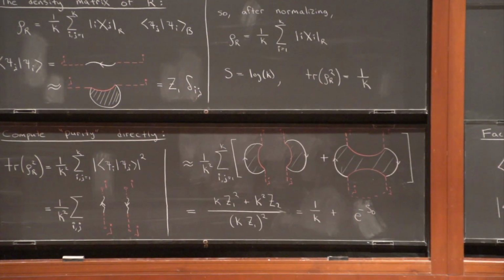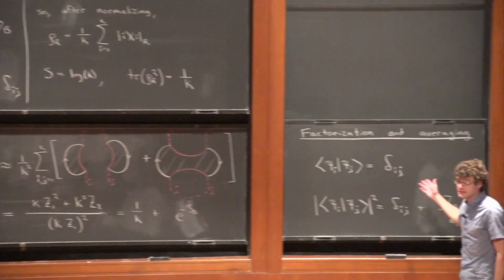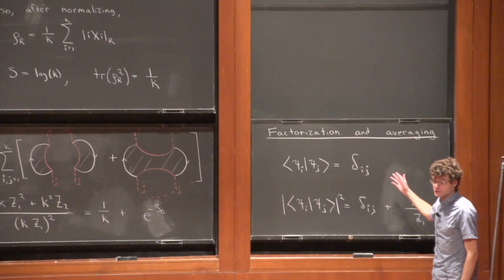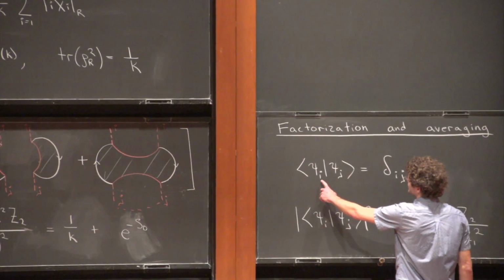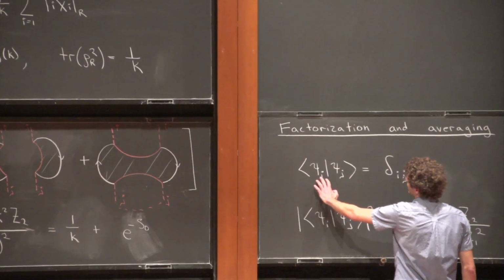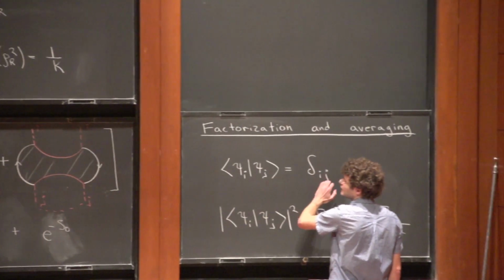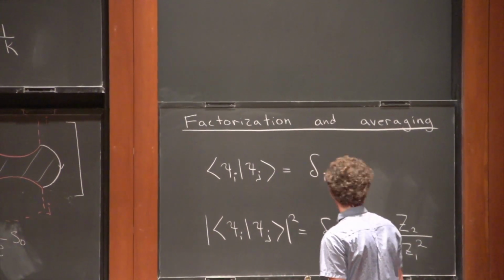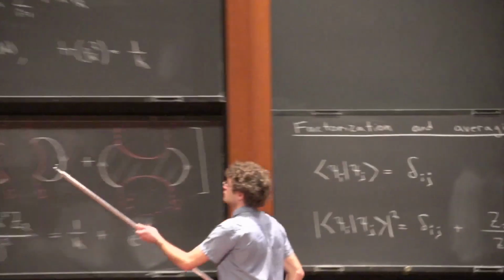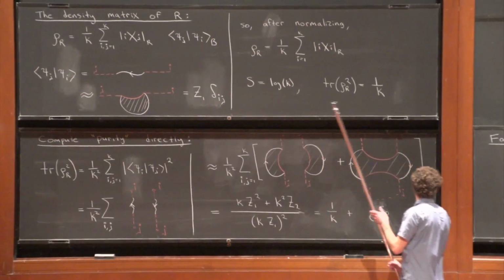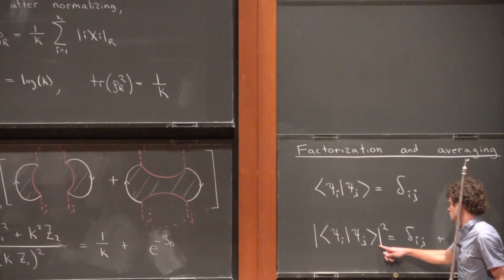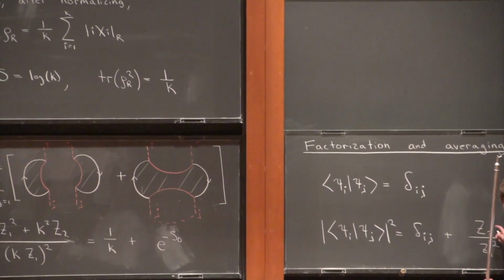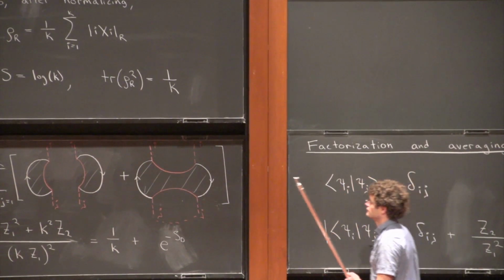The tension between these two different results can be traced to the following apparently contradictory answers that the gravity path integral gives for these amplitudes. The gravity path integral says that psi_i inner product psi_j is equal to delta_ij after normalization. That's just this computation here. And it also says that the square of this quantity is equal to delta_ij plus Z2 over Z1 squared.